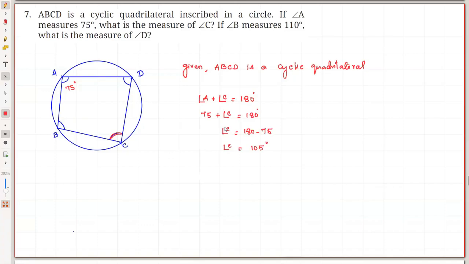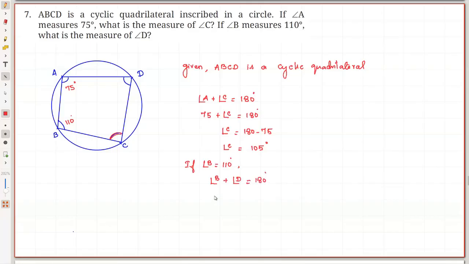Now the same way, if angle B is equal to 110, they are asking angle D. For the second part, if angle B is equal to 110 degrees, angle B plus angle D is equal to 180 degrees, since the sum of two opposite angles in a cyclic quadrilateral is 180 degrees.